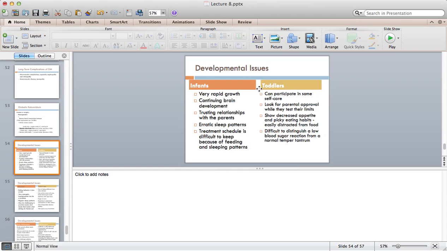Now, these are some of the developmental issues that can happen with infants and toddlers and all the age groups for you to be aware of. For the preschoolers, we're taking their characteristics and putting them in place as part of things that you need to watch out for, that could pose a problem in their treatment or management of diabetes.